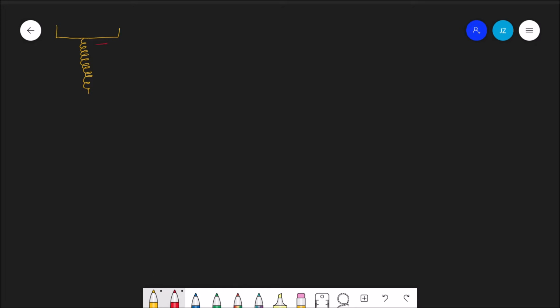This spring has a natural length of L. Now let's suppose that from this we attach a mass M. It's now going to extend a little bit further down. Let's call that extra distance S.